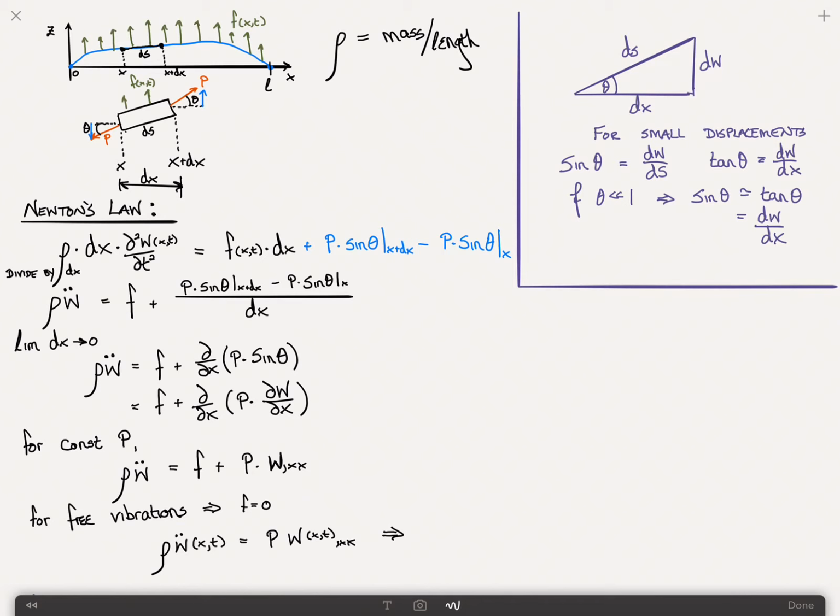This can be rewritten in a well-known form as w double dot is equal to c squared w comma xx, where c is equal to the square root of p divided by rho. And this is known as the wave equation.